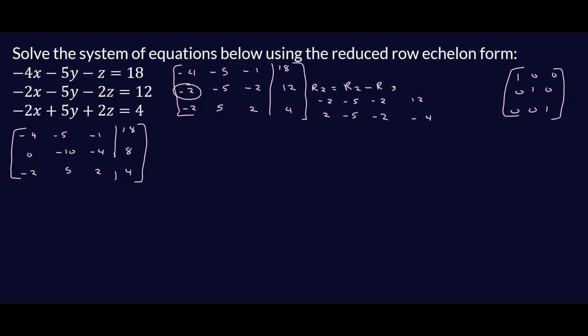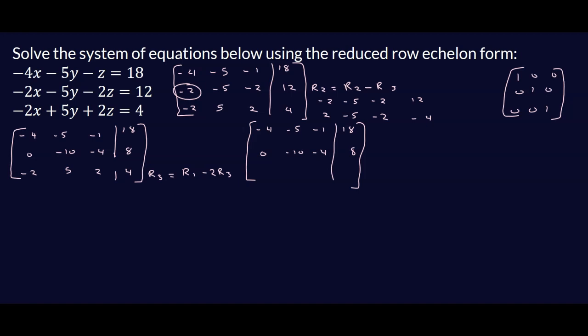So the next one we're going to go after is negative 2 here. So what we're going to do now is say row 3 is equal to row 1 minus 2 row 3. So let's figure out row 1 and row 2. Let's plug them in. Negative 4, negative 5, negative 1, and then we have 18. We have 0, negative 10, negative 4, and then we have 8.